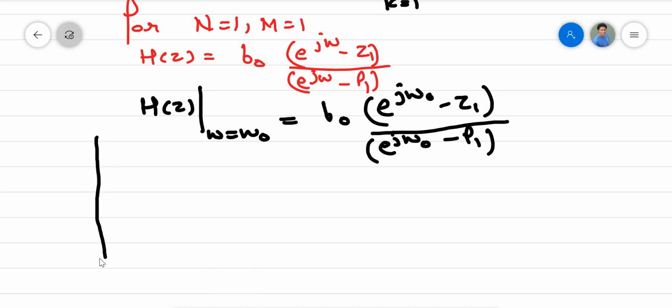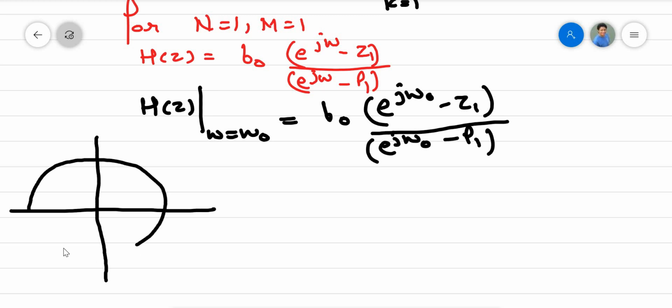If we draw again a unit circle, with imaginary z and real z axes, let's say we have a pole at this particular point and we want to find the response of our system at this frequency, omega naught.